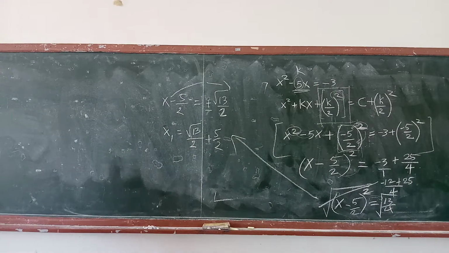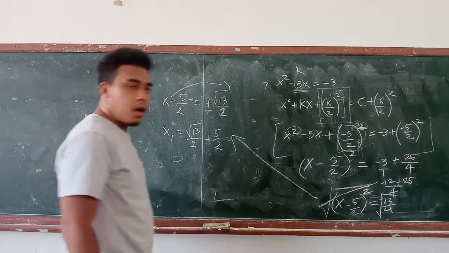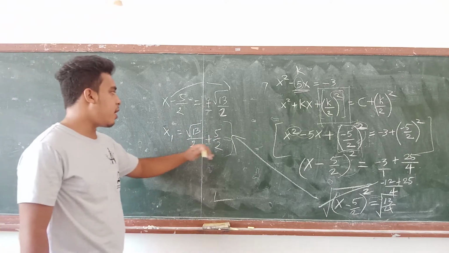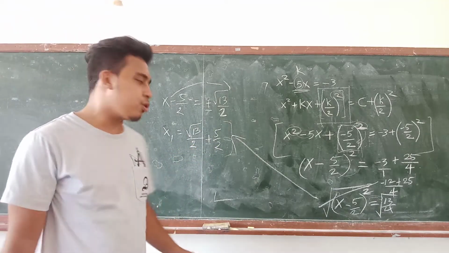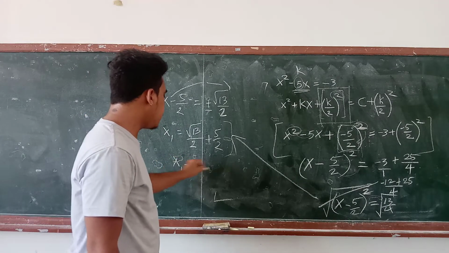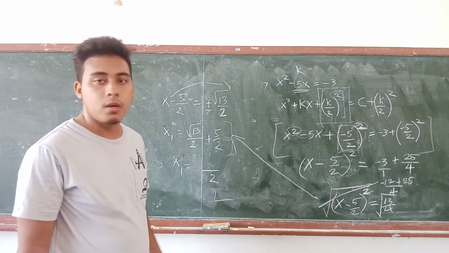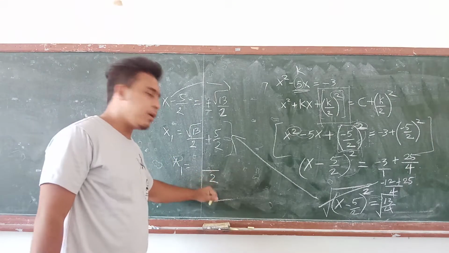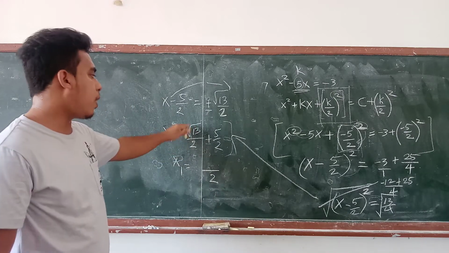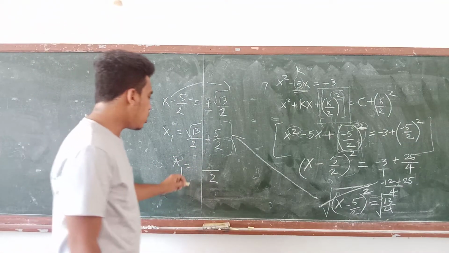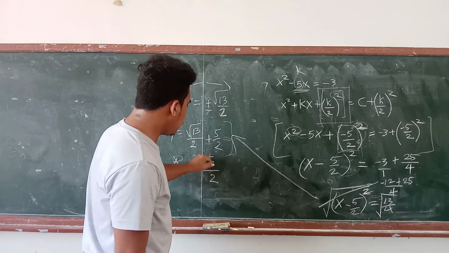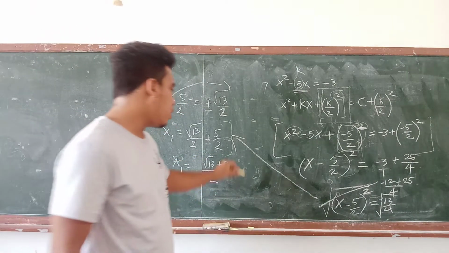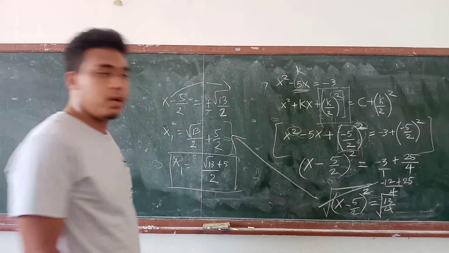So unsaon man na nato pag-add or pag-combine these two expressions. Since we have the same denominator, simply by copying the denominator, which is equal to 2. So x sub 1 is equal to, the denominator is 2, then square root of 13 plus 5. And that's one of the solutions of our quadratic equation.